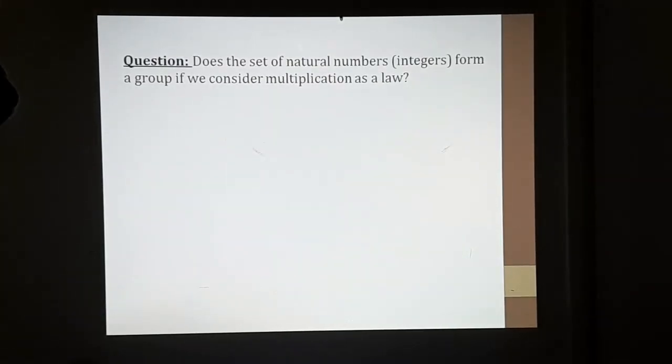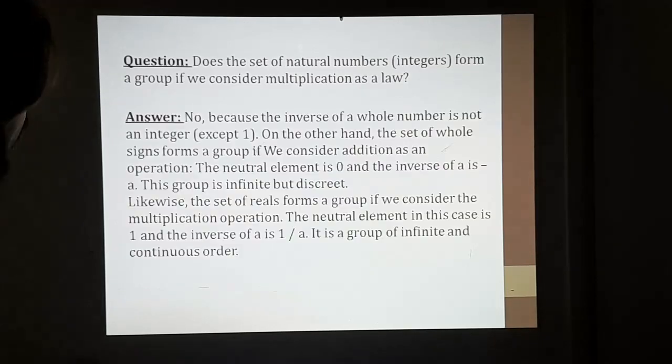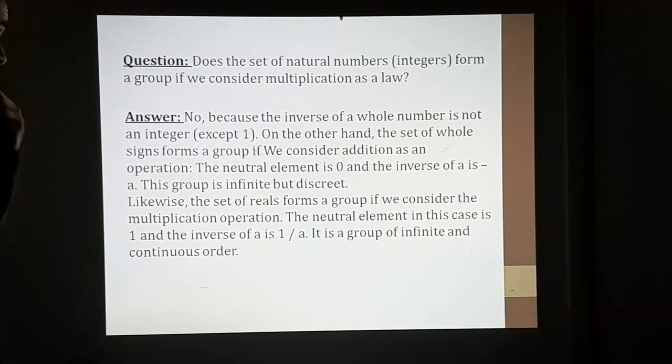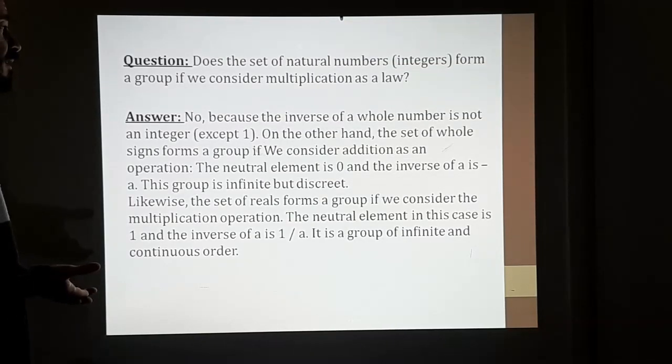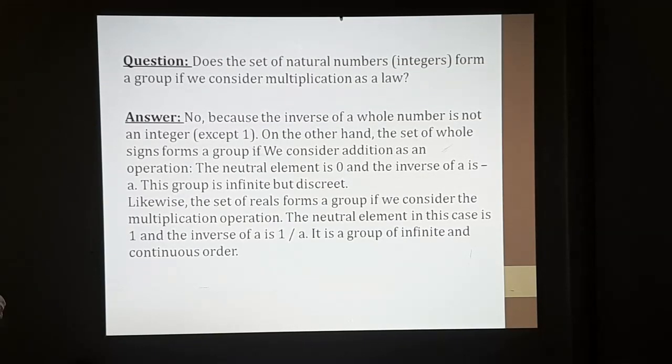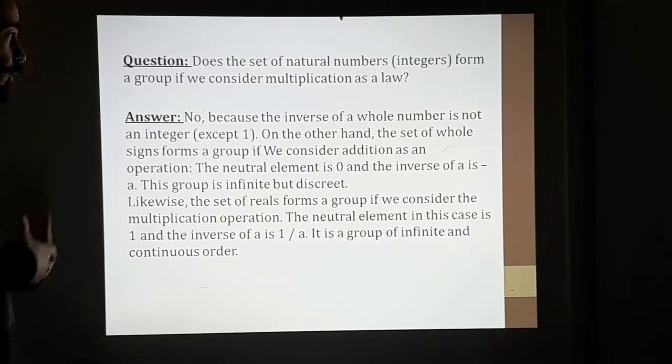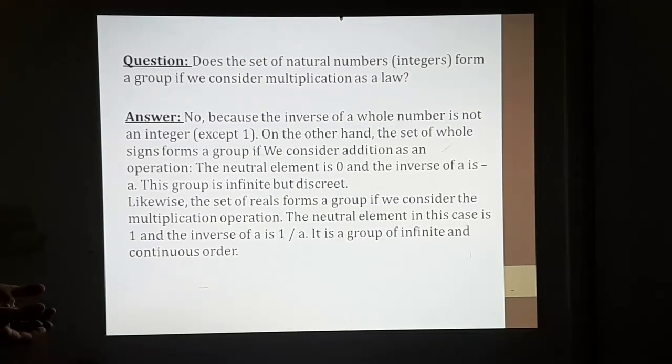Now, a question: does the set of natural numbers, integers, form a group if we consider multiplication as a law? I want you to think about that for a few seconds. And the answer is no, because in this case, if we consider 1 over an integer, it's not an integer.